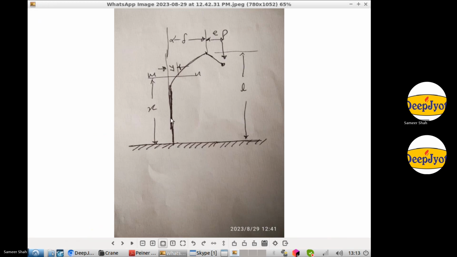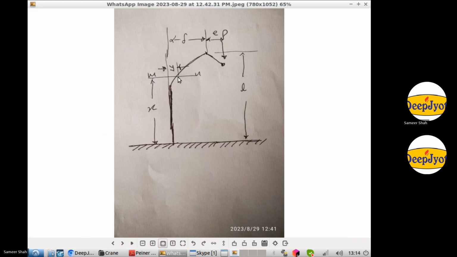Say if I am cutting this column and I want to measure the stress at this particular point, it is an MN section, right? This is the neutral axis, and I want to calculate at distance y. This is your real bending column, right? So how to measure stresses at this particular point?